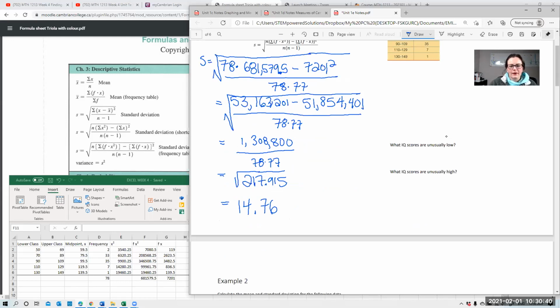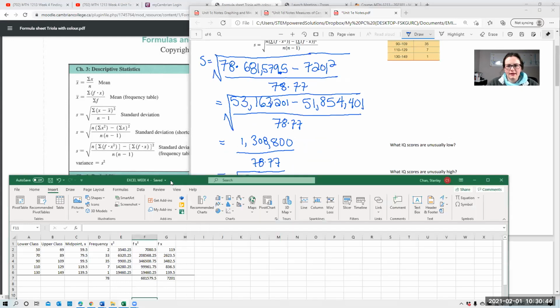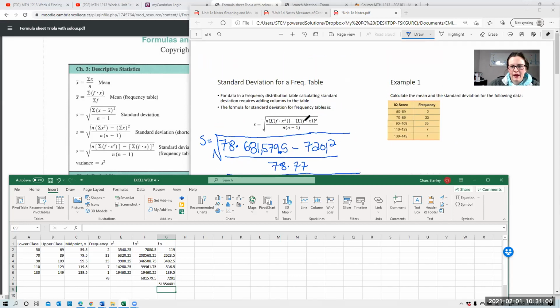Now, if I was to continue my calculations using Excel, this is what I would do. I would take this value, the 7,201, and multiply it by itself. So multiply G7 by G7 again to get the f dot x squared value.